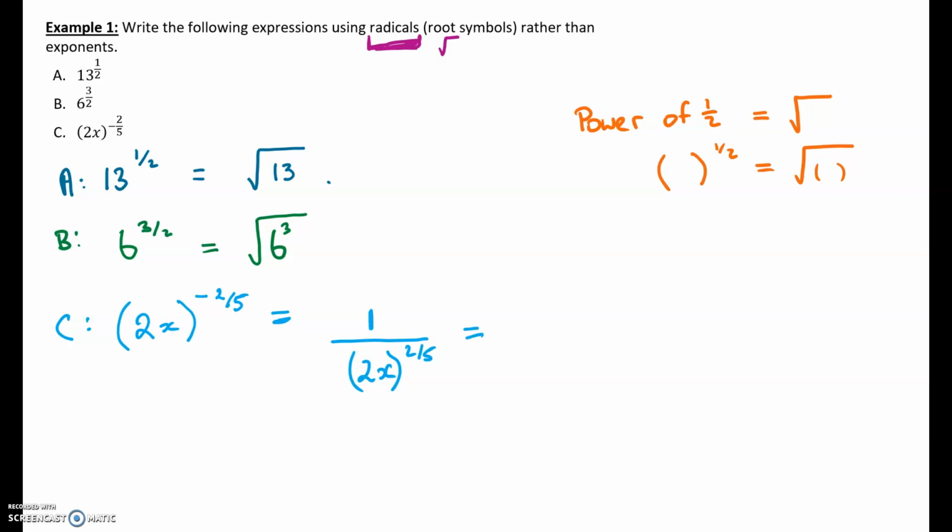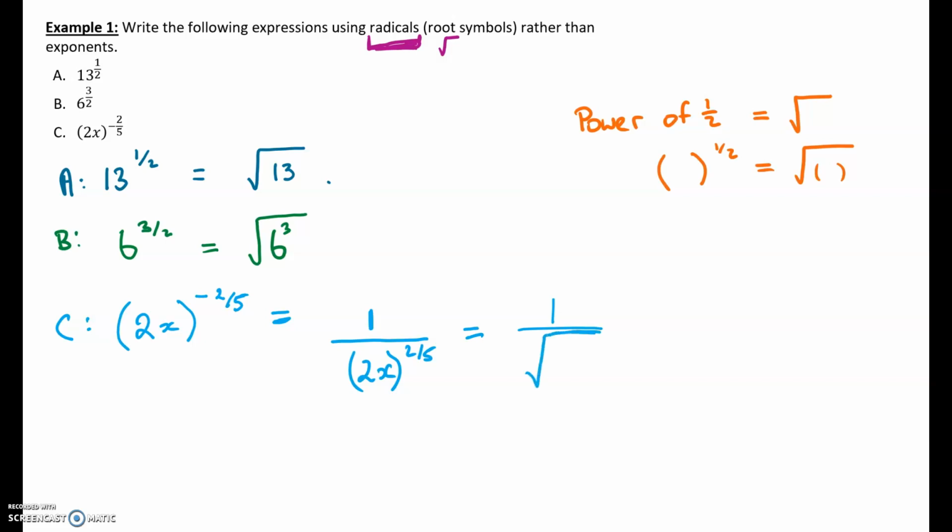Well, we still have to write this fractional power as a root. That's our job today, to change from fraction powers to roots. So we have a 1 on top, and then the 2x to the power of 2/5. Now, when the power is a fraction, the bottom of the fraction is the type of root.